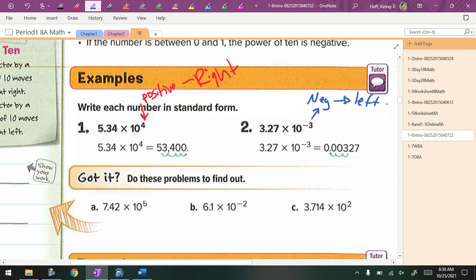So it was 3.27. Negative 3, 3 to the left. 1, 2, 3. Now my decimal is here. Open swoops become zeros. So your exponent tells you how many swoops you're moving, how many steps you're moving. And then you got to pay attention, positive or negative, to know if you're going left or right.